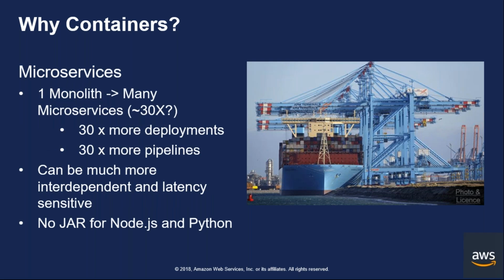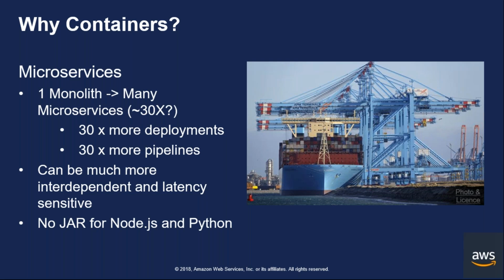But the real application for containers is mostly in the microservices area because monoliths are now getting broken down into smaller services. Each monolith, for example, can be broken down into 20 or 30 microservices, and these microservices have their independent pipelines to be deployed.